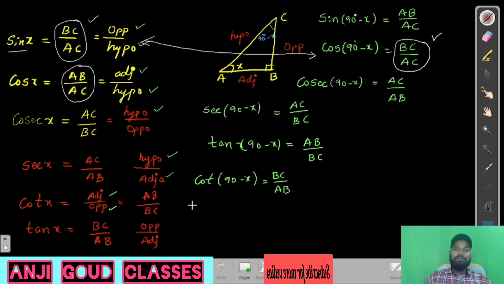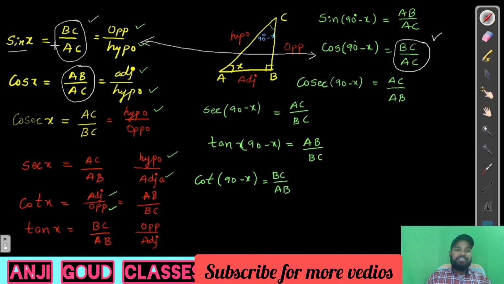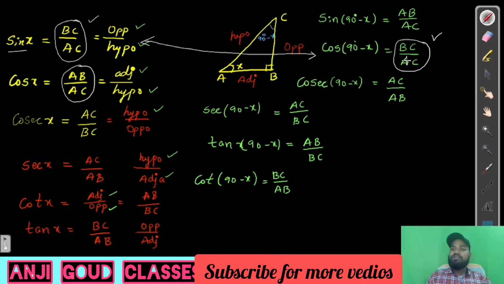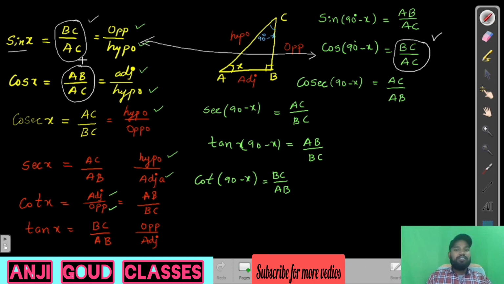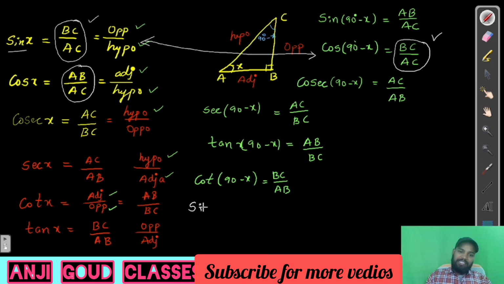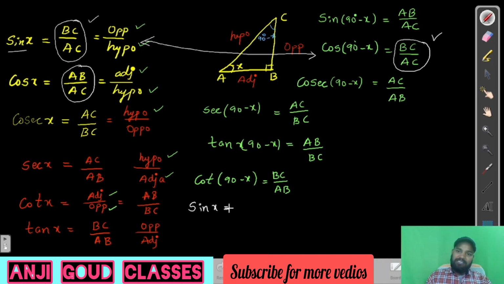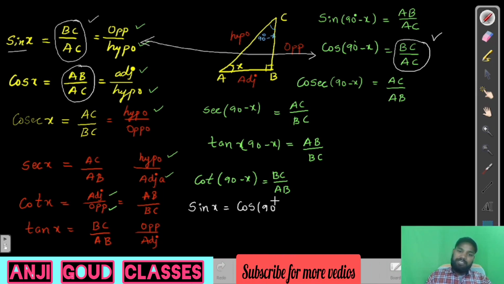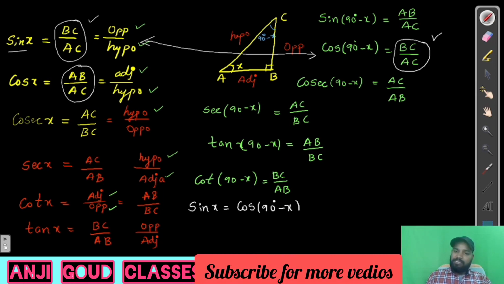So what do you have to remember here? Sin x, the complementary angle, is cos of 90 minus x, equal to BC by AC. So we can write sin x as cos of 90 minus x. Understood?